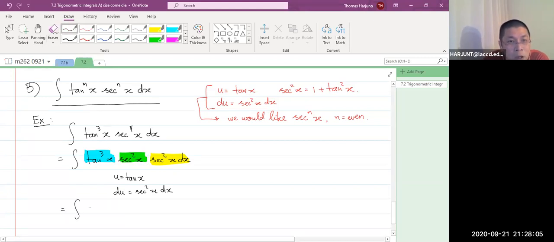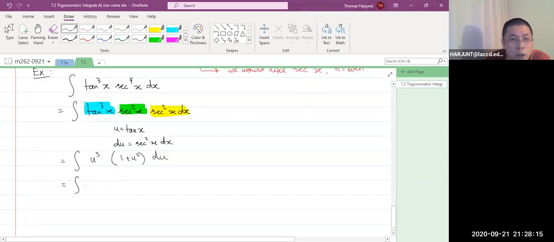This is the integral of u cubed, this is 1 plus u squared, and this is du. Now all of a sudden it becomes a polynomial: the integral of u cubed plus u to the 5th du. That is 1/4 u to the 4th plus 1/6 u to the 6th plus constant, and then you substitute back: tangent to the 4th x over 4 plus tangent to the 6th x over 6 plus constant.